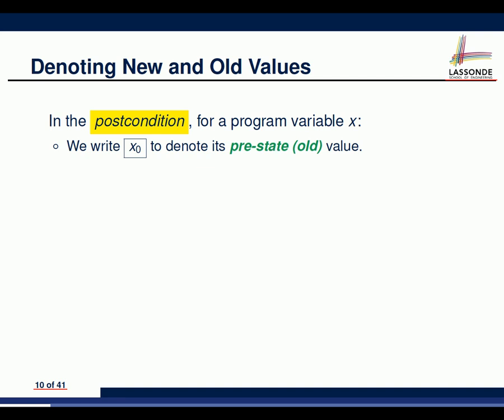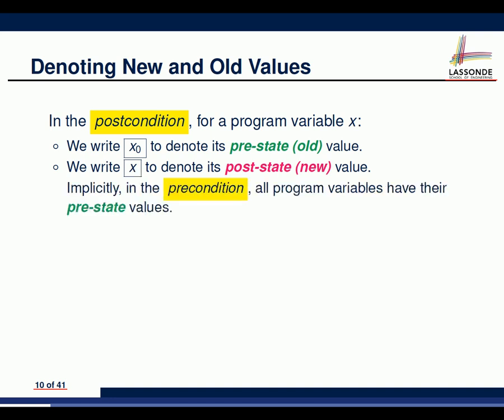Sometimes we may simply have a subscript 0. To say x0 simply means the value for x before the feature is executed. Okay, you will see that. Also, if you have no subscript 0, that means that's a post-state value. So x0 versus x, they denote the same variable, but they denote the values either in the pre-state or post-state. Okay.